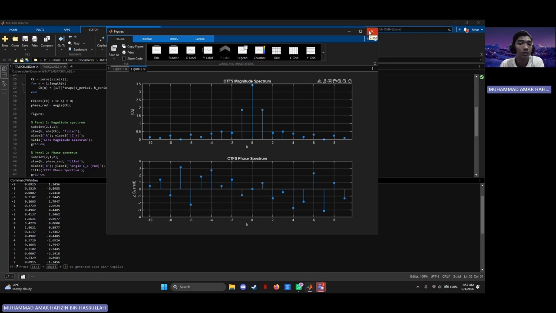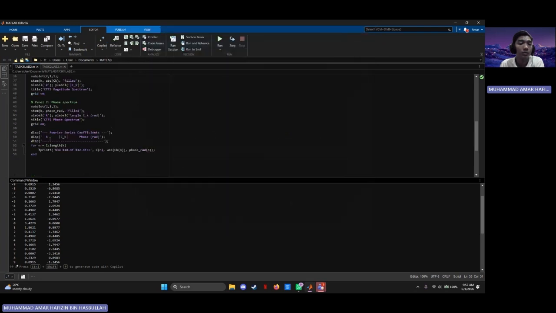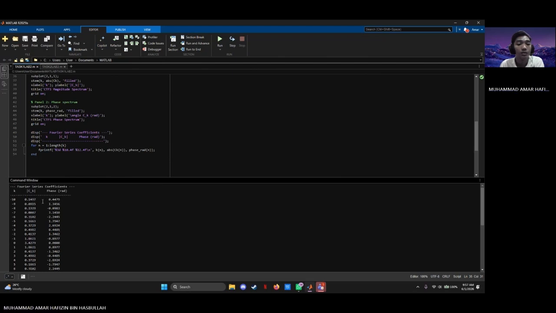As for the last part of the code, here at line 52, for n equals 1 to K, this will print a table of results so we can map it to our hand calculation.